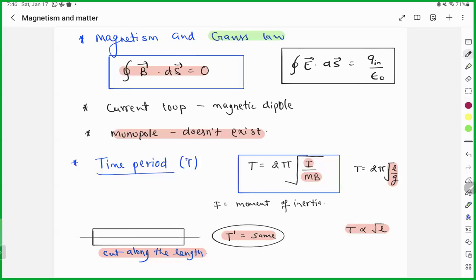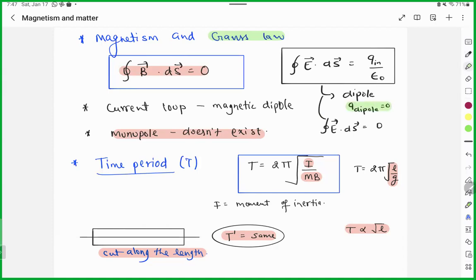Example, if you take the same thing for a dipole, the net charge in case of a dipole is 0. In this situation, your E dot ds integration will be equal to 0. Why? For dipole only, because net charge is 0.